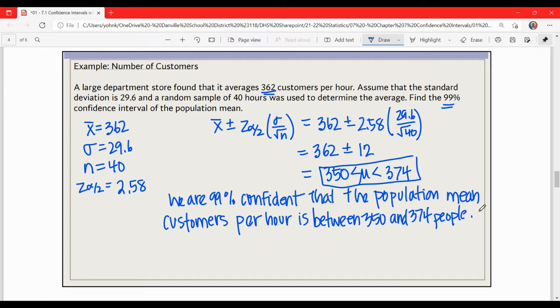So we sampled 40 hours. We found the average to be 362 customers. From that sample, we're going to infer to the entire population. And so we're going to say it's anywhere between 350 and 374. And that's with 99% confidence.